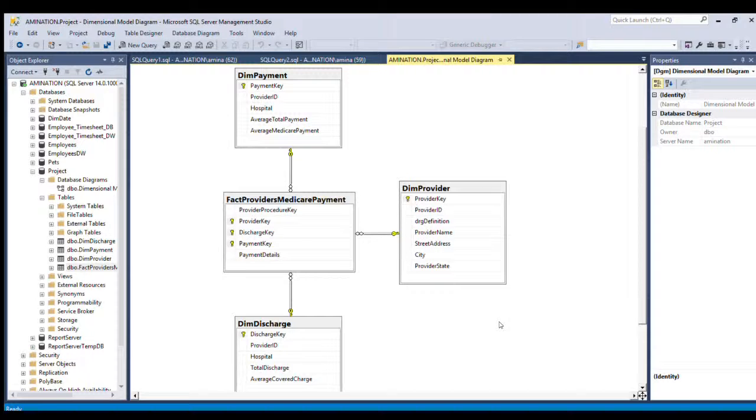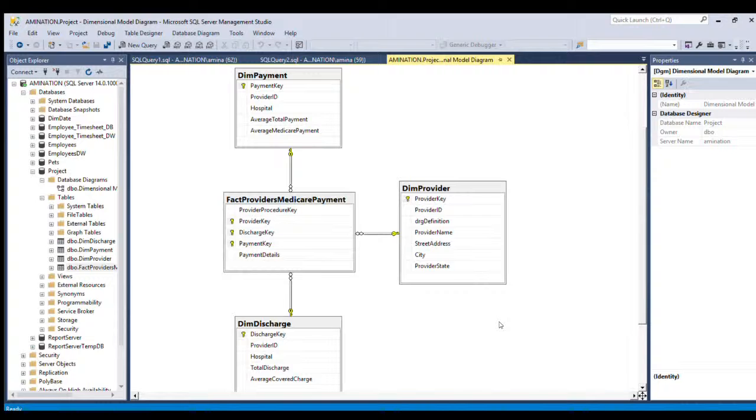Bismillahirrahmanirrahim. Assalamualaikum warahmatullahi wabarakatuh. My name is Muhammad Amin bin Muhammad Fauzi. Now I will present about the dimensional model diagram and the data warehouse with the sample data. First, the dimensional model diagram.